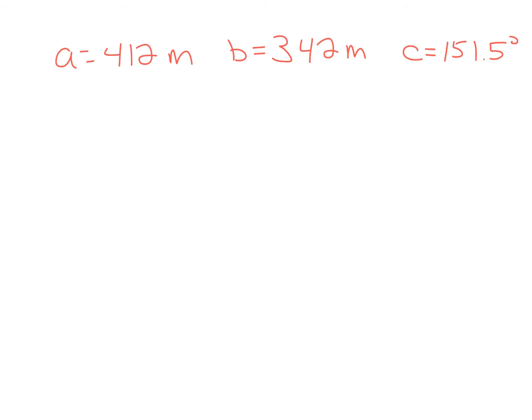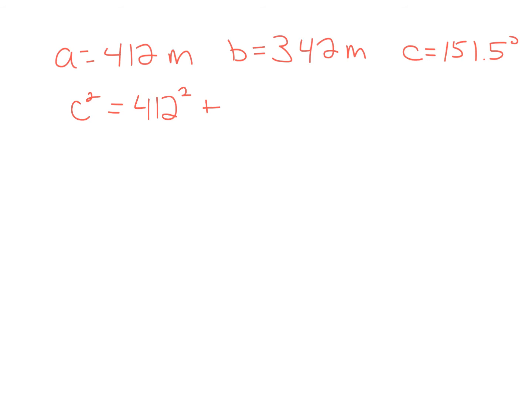All right, let's solve the triangle with the given information. So we have, this is a SAS example because we have two sides, a side right here, and an angle right here. Okay, so clearly we need to solve for lowercase c, right? Lowercase c is the side we don't know.